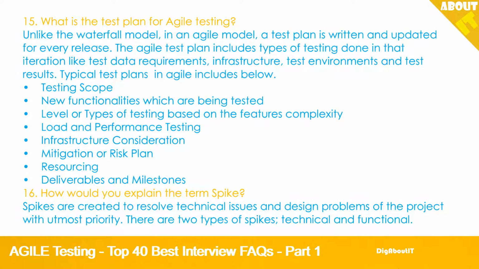15. What is the test plan for Agile testing? Unlike the waterfall model, in an Agile model, a test plan is written and updated for every release. The Agile test plan includes types of testing done in that iteration, like test data requirements, infrastructure, test environments and test results. Typical test plans in Agile include the following.